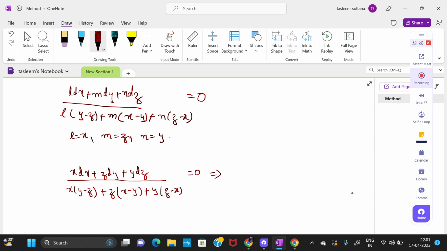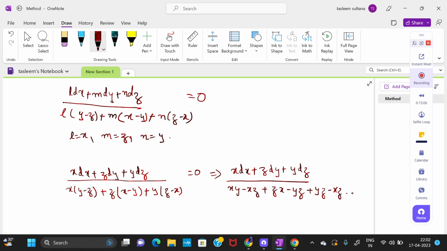Whether it's becoming 0 or not: x dx plus z dy plus y dz divided by xy minus xz plus zx minus yz plus yz minus xy. Is it becoming 0 or not?